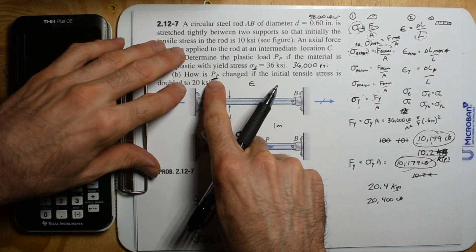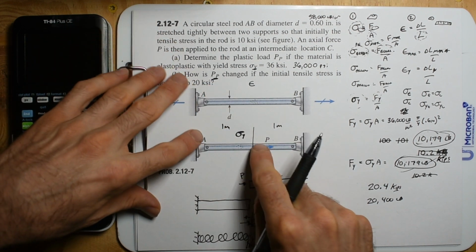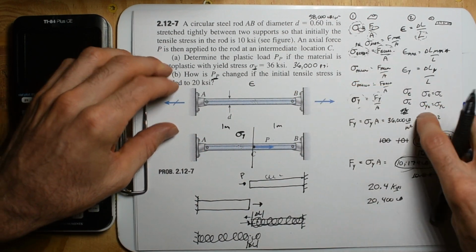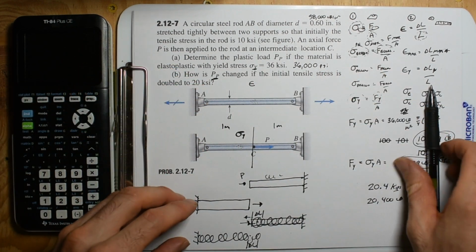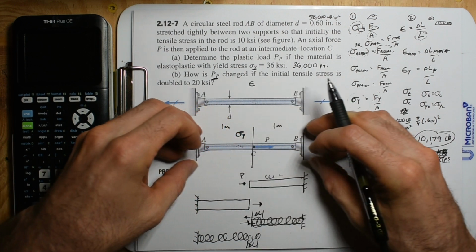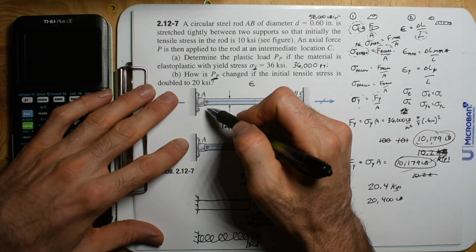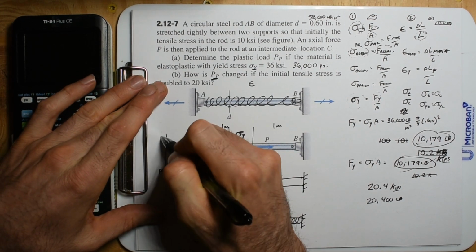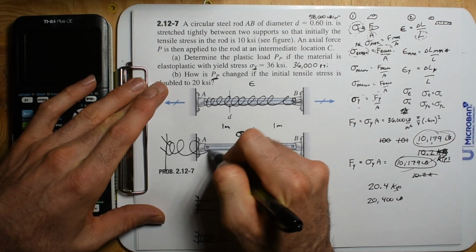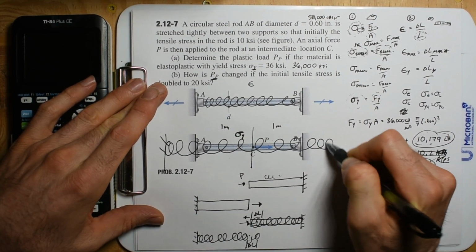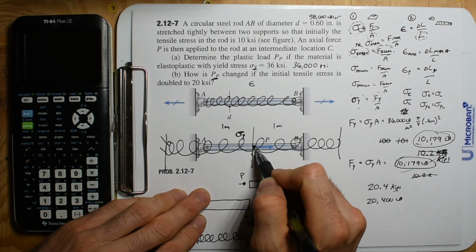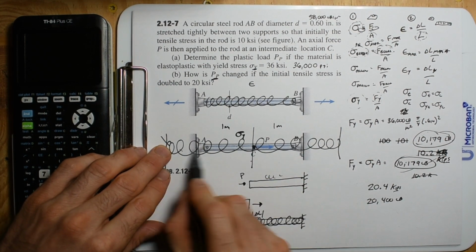How does the plastic load change if the initial stress is doubled to 20 KSI? So now we're going to stretch the spring. You have this as your spring, and now I'm going to stretch the spring out here, and then take this point P. So this spring is already stretched.